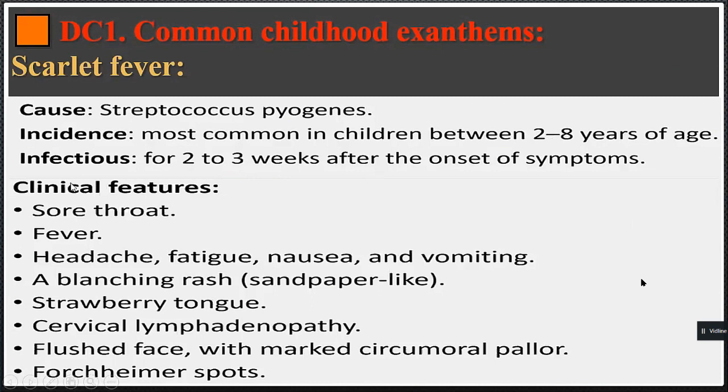It's very important. Clinical features: they can say in the scenario the patient has sore throat, fever, headache, fatigue, nausea, vomiting, blanching or sandpaper-like rash, strawberry tongue also, cervical lymphadenopathy, flushed face with marked circumoral pallor, and pathognomonic here, Forchheimer spots. You have to be familiar with that.